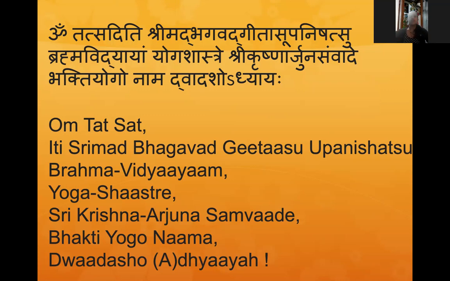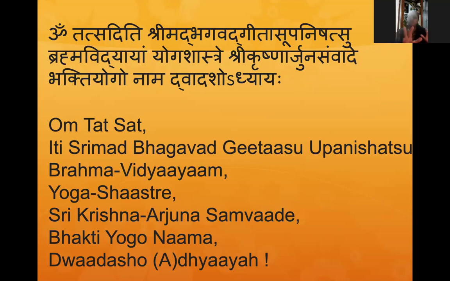So it is essentially saying, thus ends the 12th chapter of the Srimad Bhagavad Gita, which is counted among the 18 Upanishads, which is the ultimate supreme truth, which gives us the supreme knowledge, which explains the science of yoga in the form of a dialogue between Sri Krishna and Arjuna, and is known by the name of Bhakti Yoga.